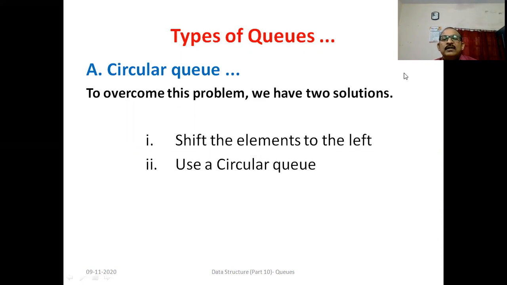Now, to overcome this drawback, we have two solutions. First, shift the elements to the left such that the vacant space can be occupied and efficiently used. But this scheme is a time-consuming process, especially when the size of the queue is large.